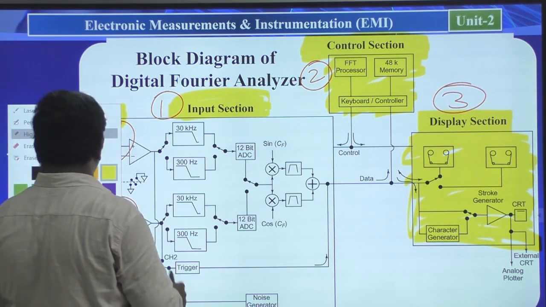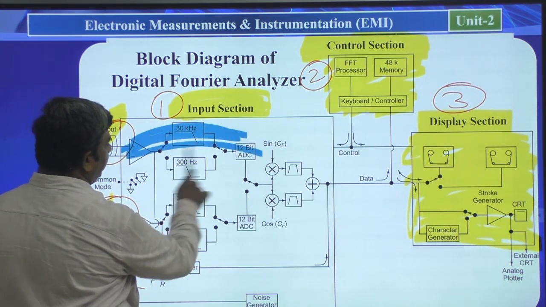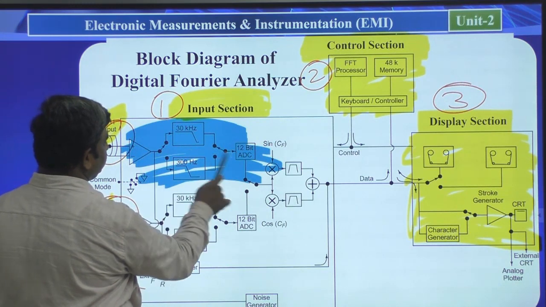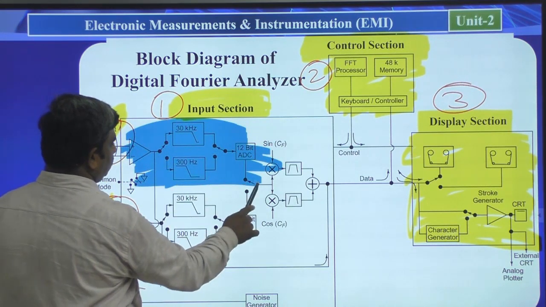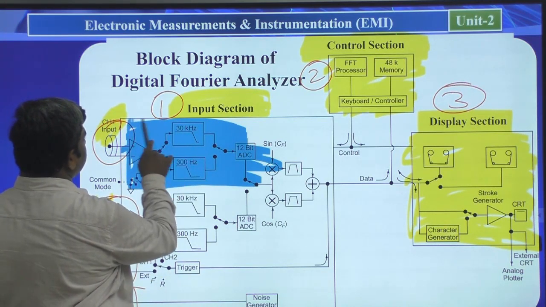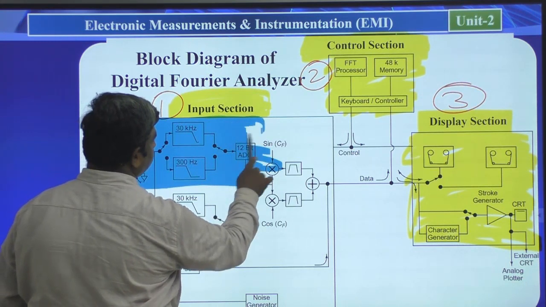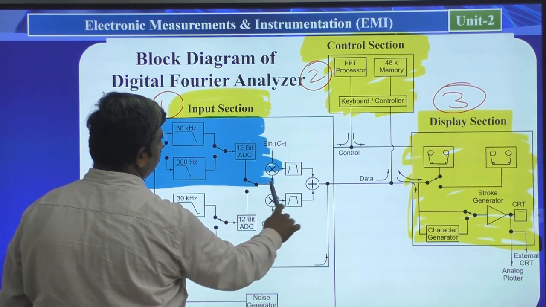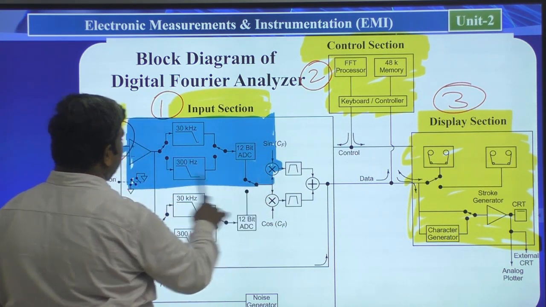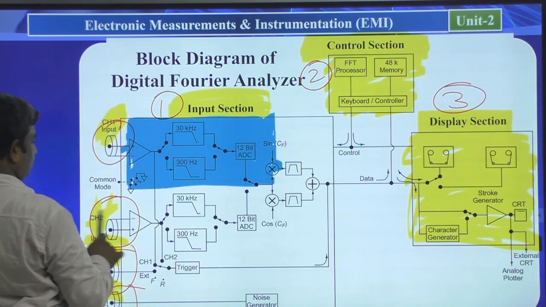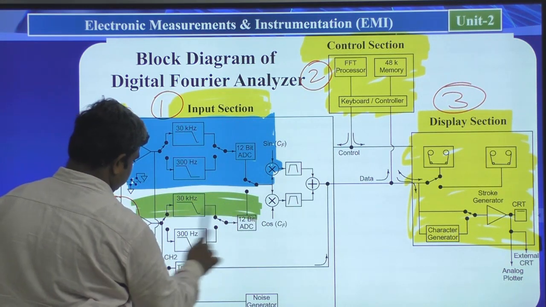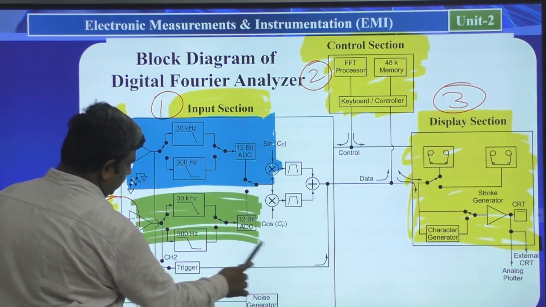The first part is the channel 1 section. Next, this is the channel 2 section.